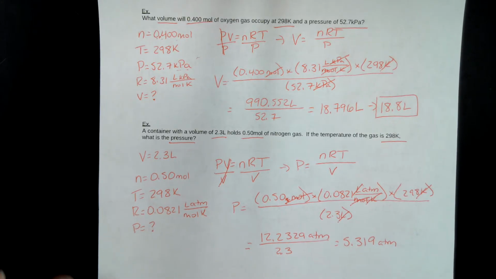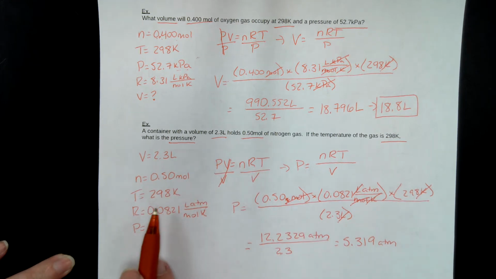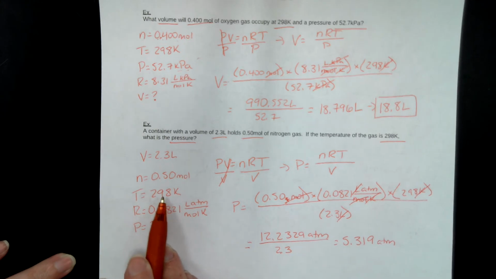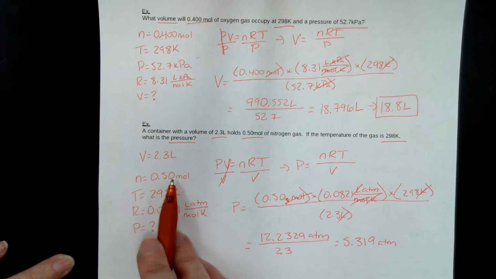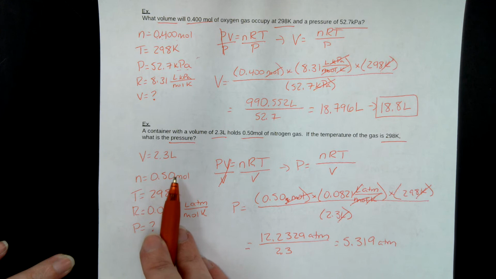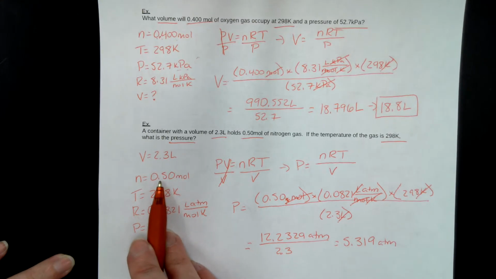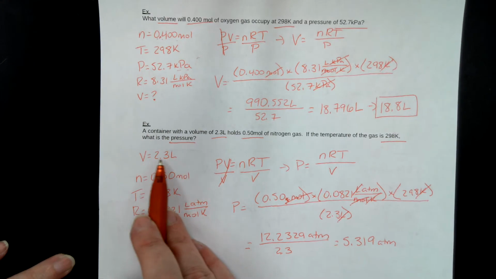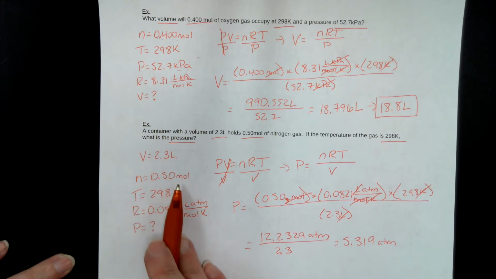So when we look for sig figs, leading zeros are not significant. So we have 3 sig figs here, 3 sig figs here, but 2 sig figs here. Leading zeros aren't significant, but the trailing zeros are if there's a decimal. So here's 2 sig figs, and this is also 2 sig figs.